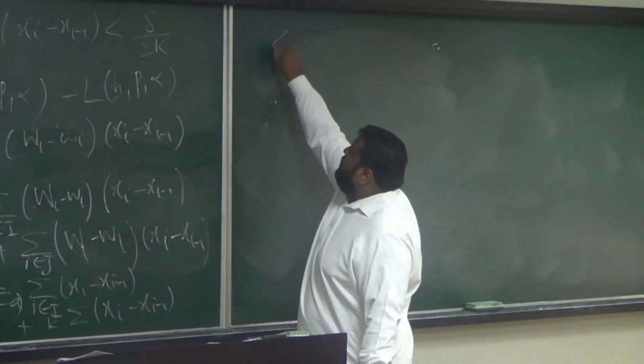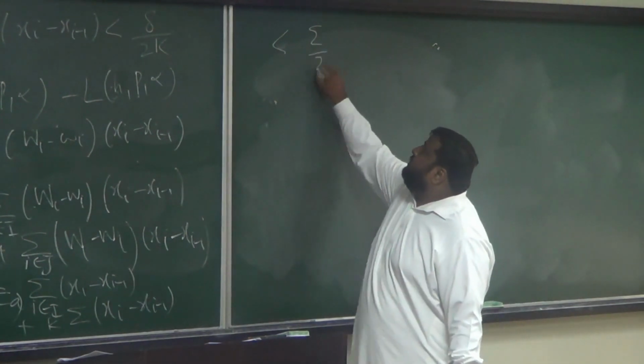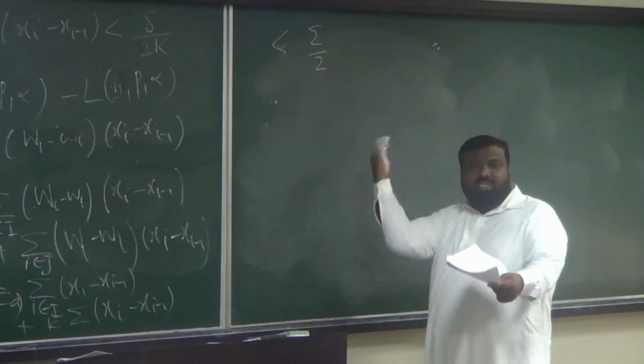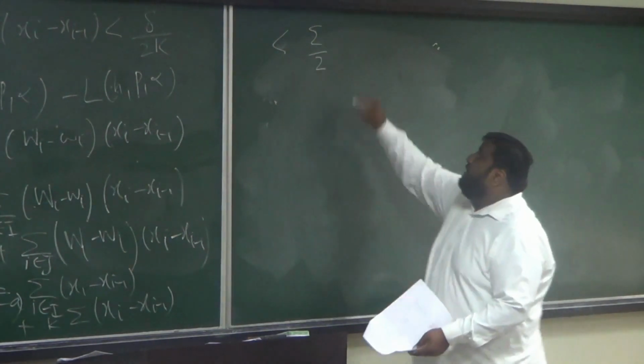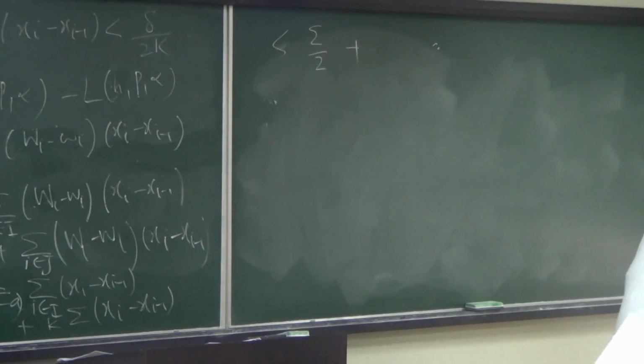The estimate on the first term is going to be epsilon by 2. It's b minus a multiplied by 1 over b minus a, so that will get cancelled. Plus, how about the other one? The summation of x_i minus x_{i-1} for j is less than delta upon 2K.